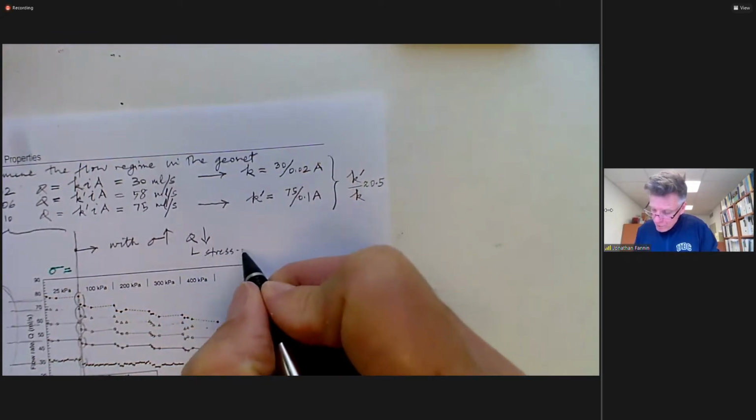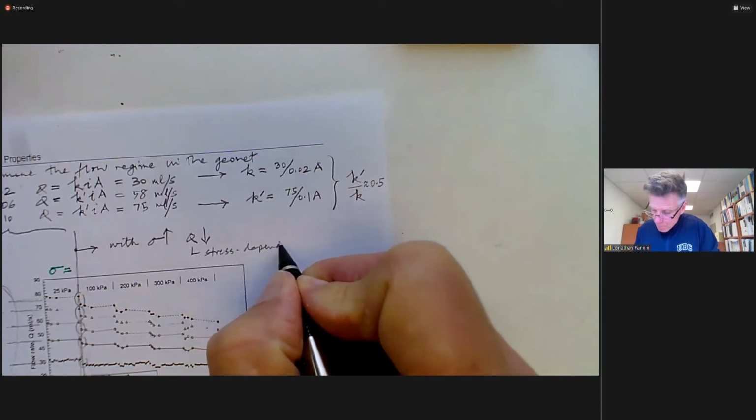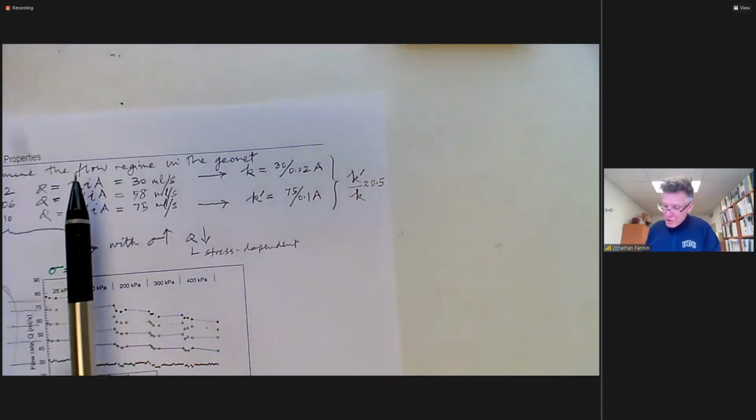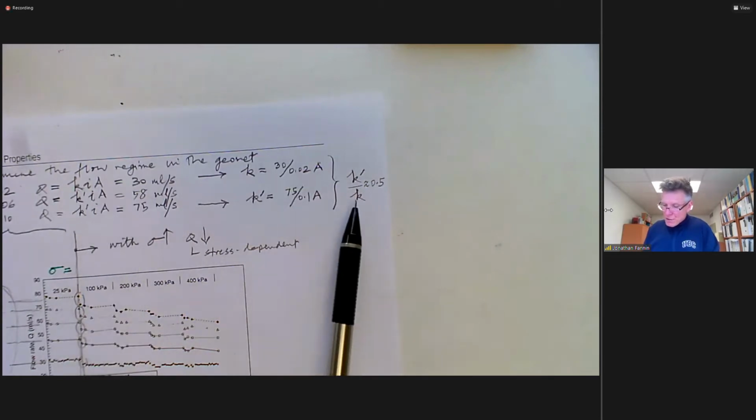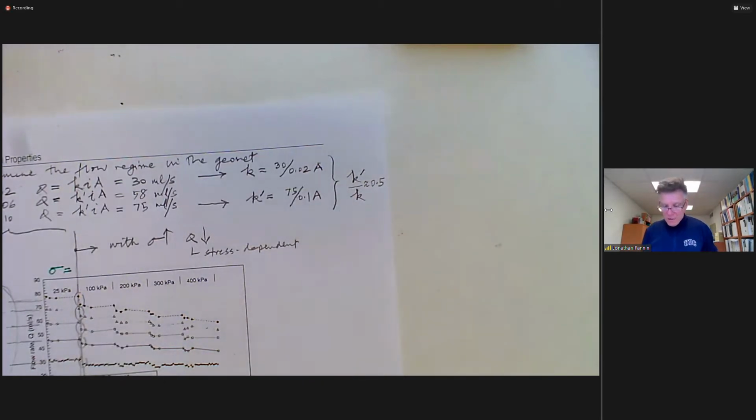We note that Q is stress dependent. So the relation that we've got here is holding true for the effective stress or the surcharge pressure that we've been looking at.